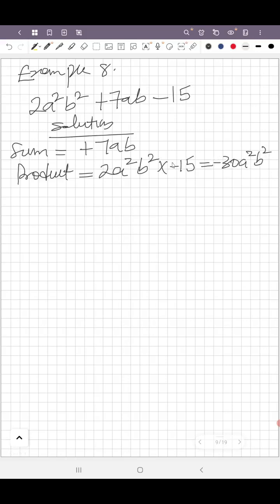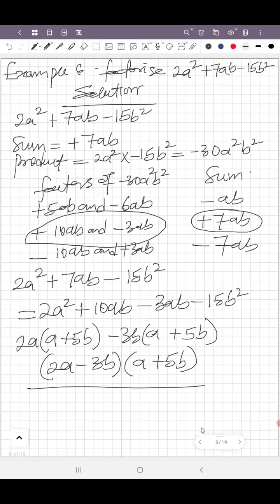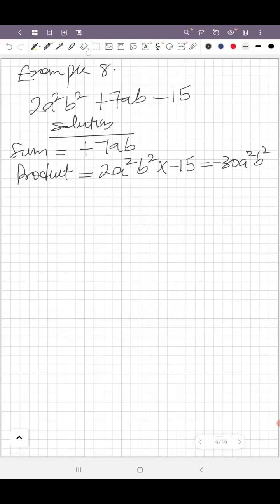Now, this question, our example 8 here, and example 6, that one is example 7, you realize that they are looking for the same product and the same sum. So this is what I want you to understand. The question is different, but we are looking for the same thing. We are looking for a sum of plus 7ab and a product of minus 30a squared b squared.